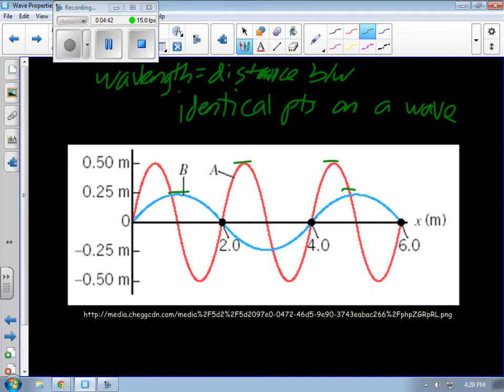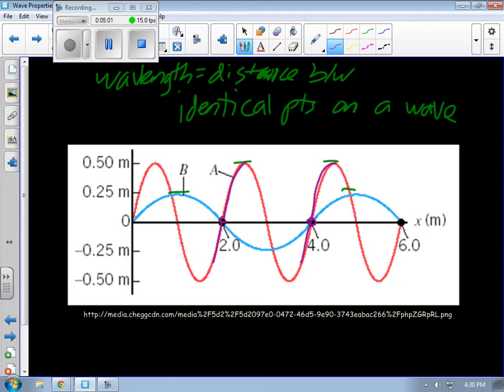So what we can do is backtrack down until we hit the x-axis. So we still have two identical points. The graph is going up to the right in both situations, and it's on the x-axis, so it's easier to measure.